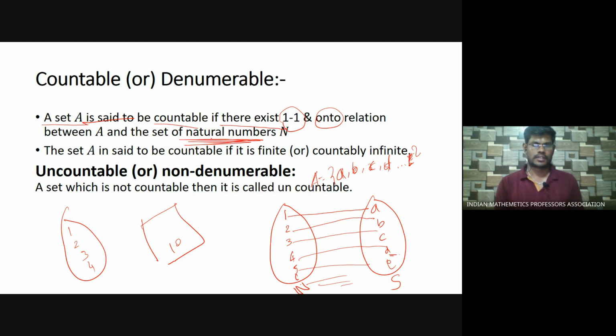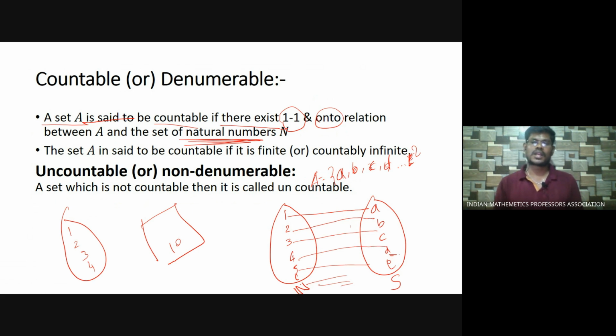And we need to check finite or countably infinite. So this is finite. Easily we obtain that totally we have 6 elements, so the 6 elements are finite.